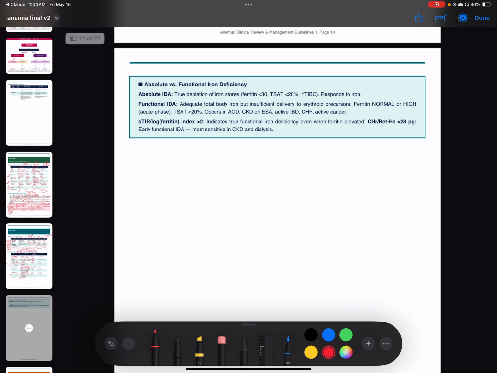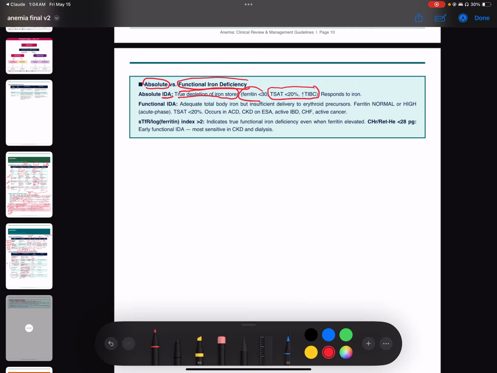So again, this is a really important distinction between absolute versus functional iron deficiency. In absolute, you don't have iron. In functional, you have iron, but you cannot use it because it's an inflammation state. So in absolute IDA, there is true depletion of iron stores. You'll see the ferritin is below 30, but also the iron markers will be abnormal.